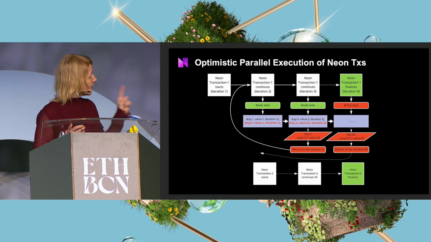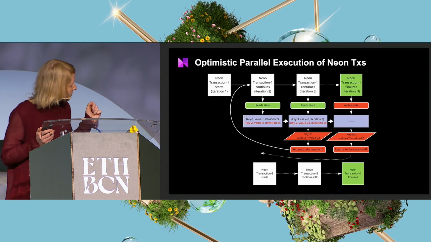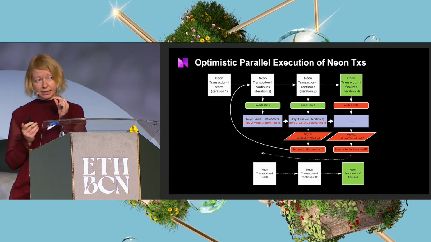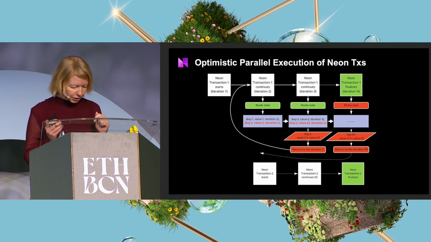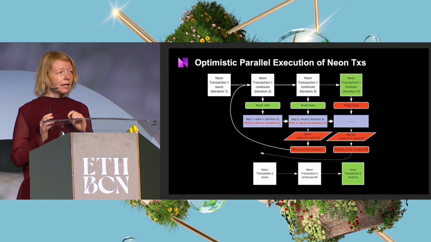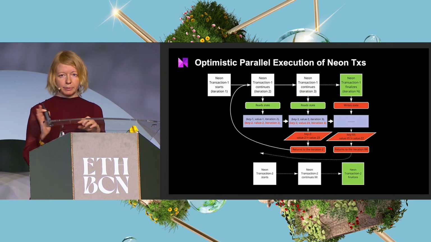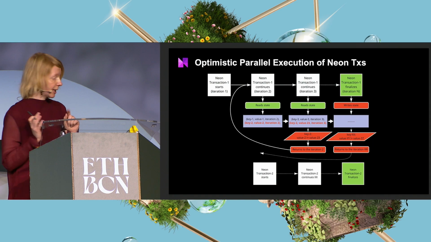And we have a plan for the optimistic parallel execution of Neon transactions. Basically, this is an architecture that can be used not only by us, but we think that it might be applicable to other EVMs as well.